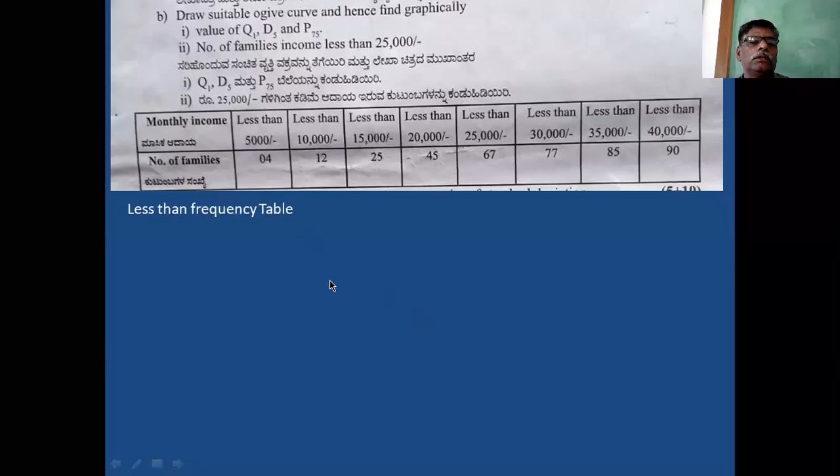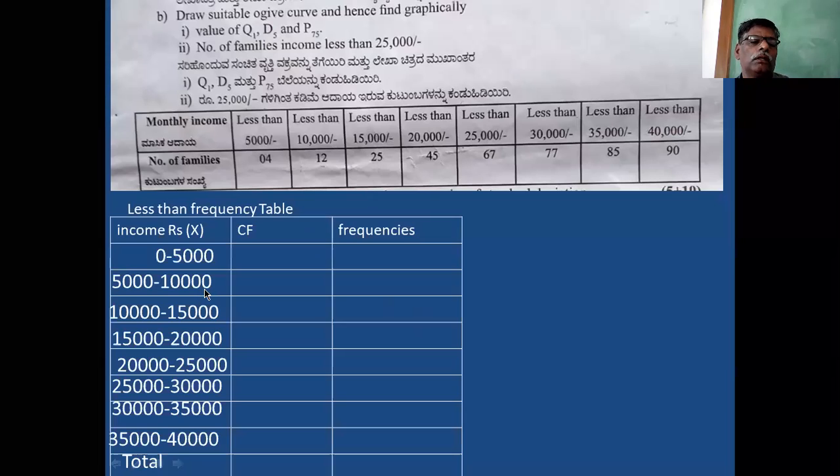This is a frequency distribution table. Classes are given, 35,000 to 40,000. Next, this number of families: if less than values are given, the F value is cumulative frequency. Remember this point. If less than values are given, the frequency is always less than cumulative frequency.